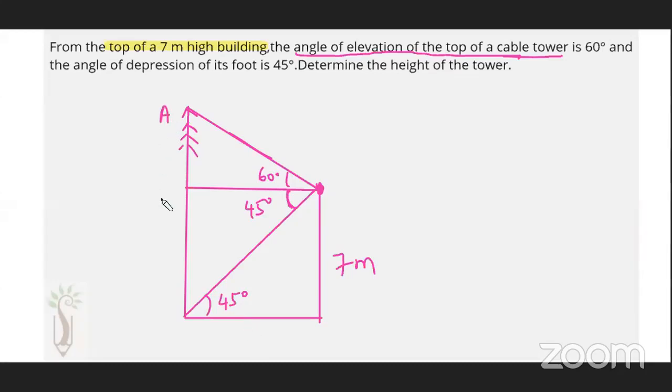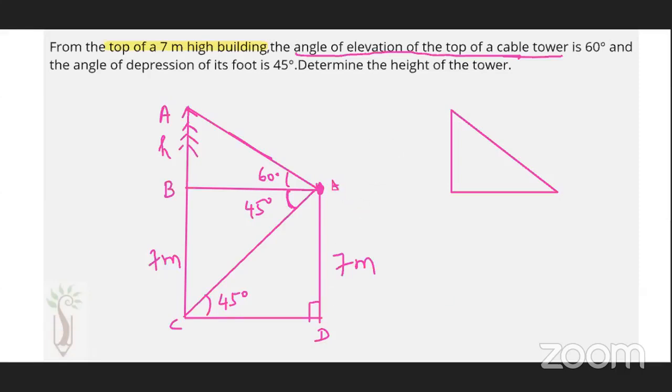Now important, when you take two triangles to solve it, it's important which two triangles you are going to take. This is 7 meters, this is h. The two triangles that we'll be taking are these two. One is the 60 degree, and the other is the 45, but not the 45 which you are thinking. It's the other way around. Let me name this.